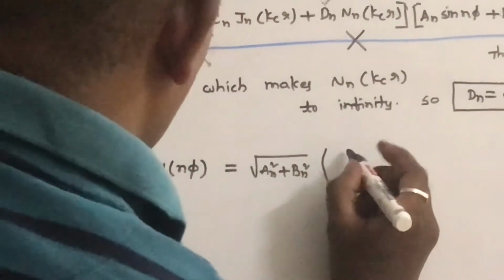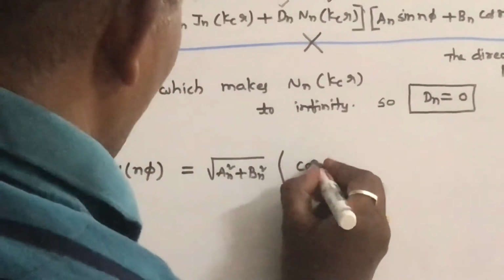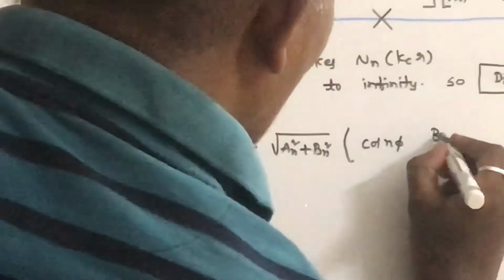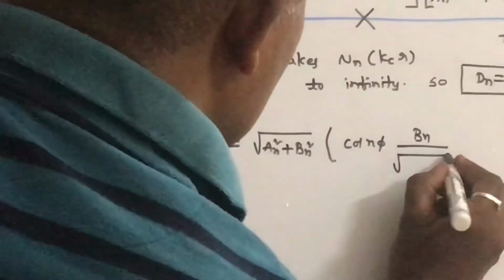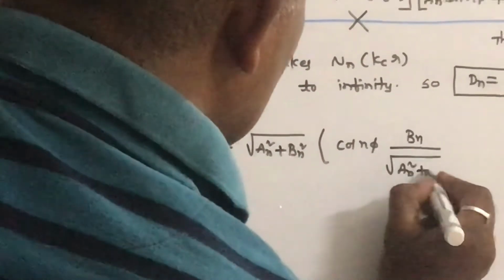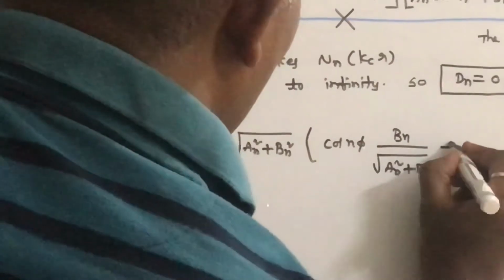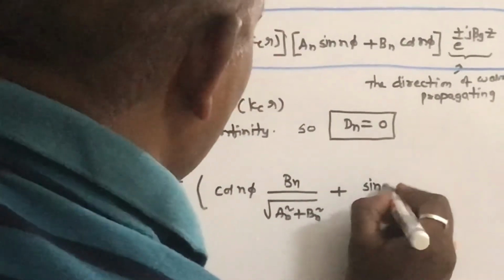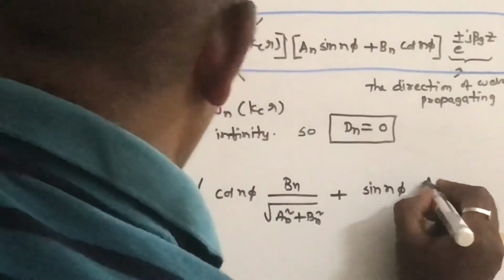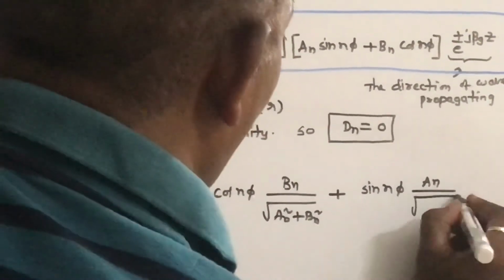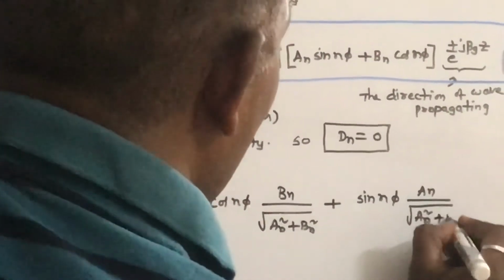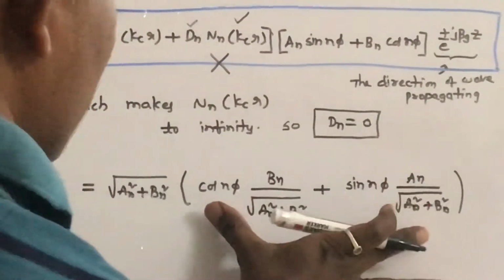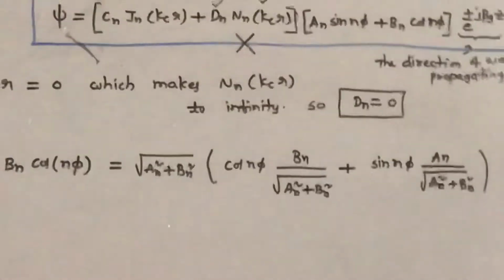First write cos n phi, and bn by square root of an square plus bn square, plus sin n phi into an by square root of an square plus bn square. So this term cancels out, and the same expression remains as it is.